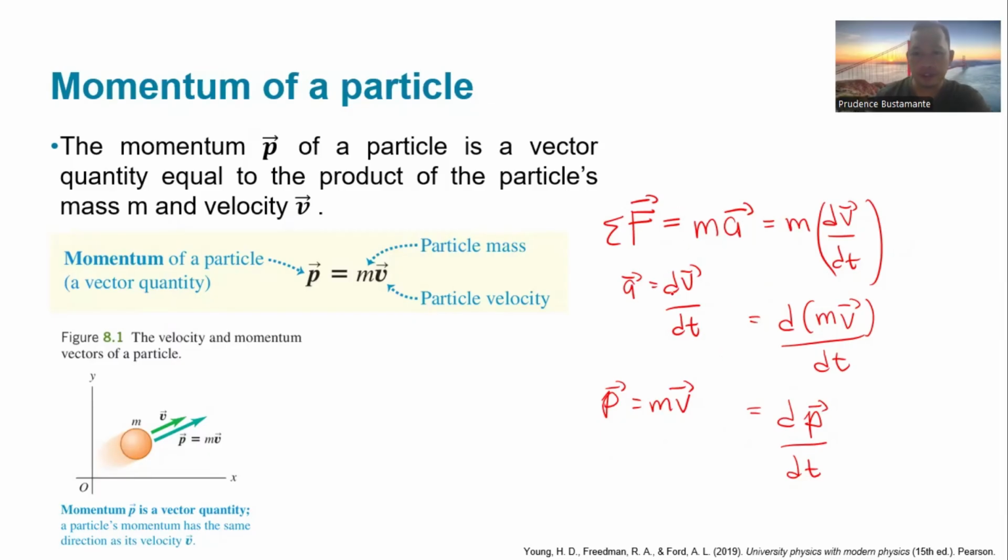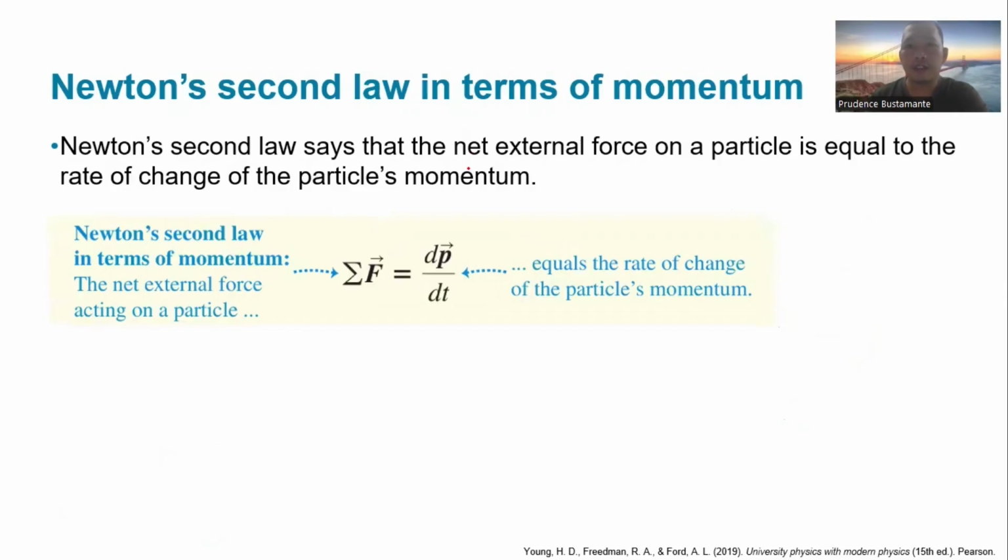So mv here is what we call the momentum of a particle. The net external force acting on a particle is equal to the rate of change of the particle's momentum. This is Newton's second law in terms of momentum.